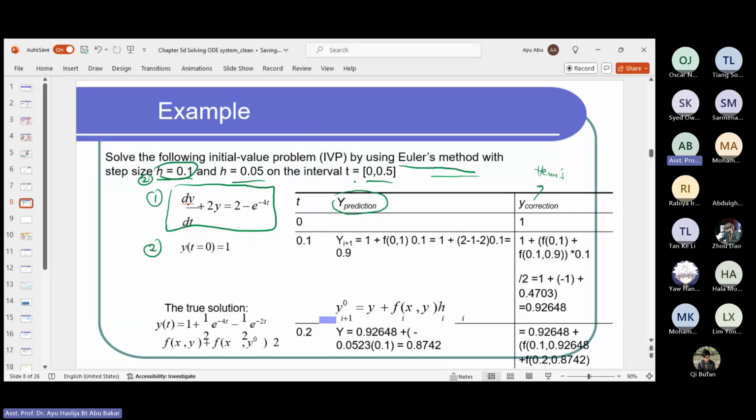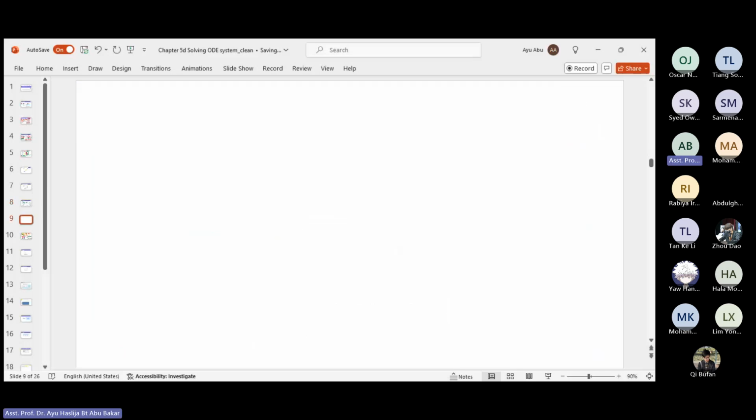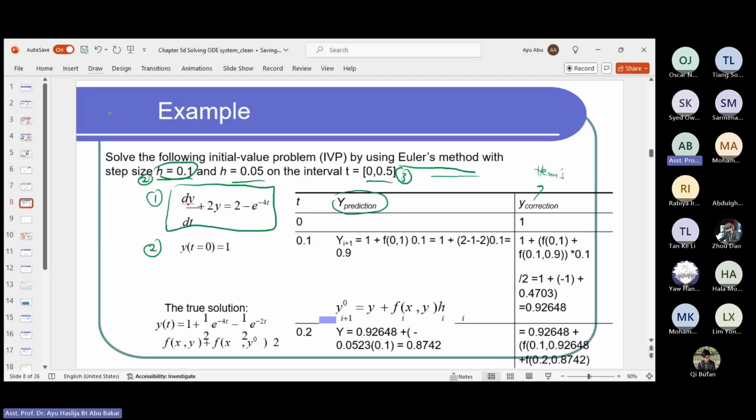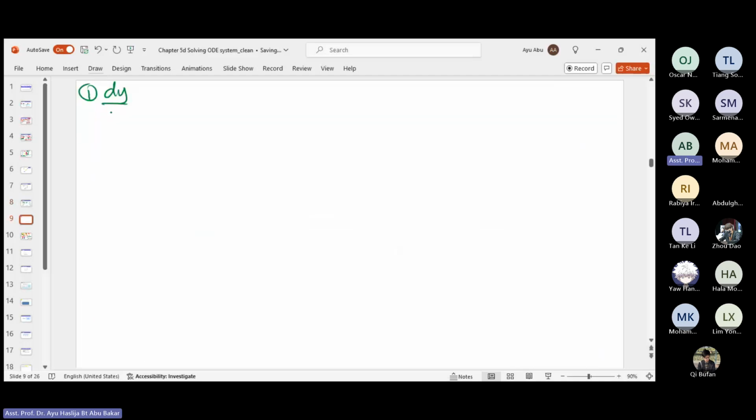Then look at what is your interval, your data range. Okay, we do it step by step. First, the equation, dy dt.